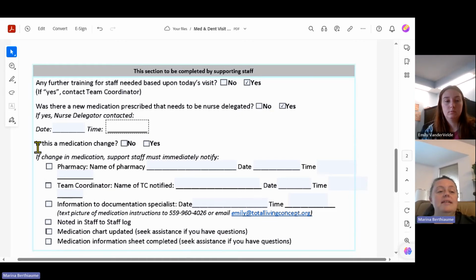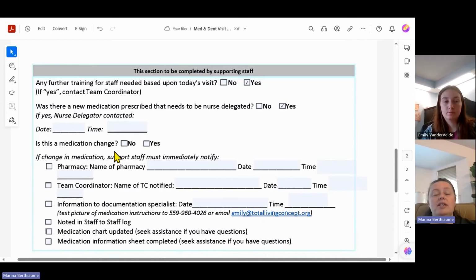The next question doesn't have to do with nurse delegation. It's just, is this a medication change? So this could be an example of a medication that was decreased, a medication that was increased, or they stopped one and we're going to try a different type of medication for this issue. This is also when they have a medication that started for 7 days, a temporary medication.